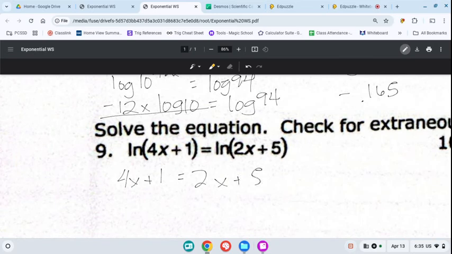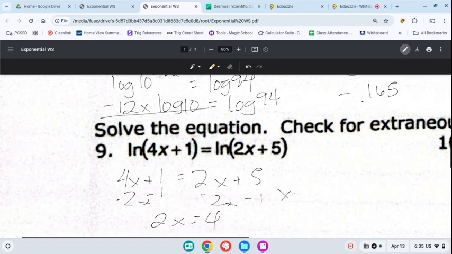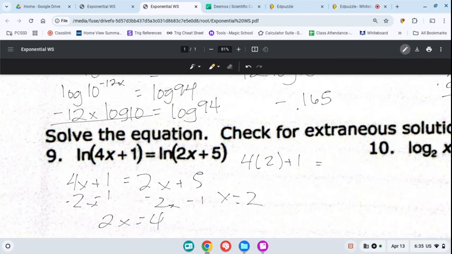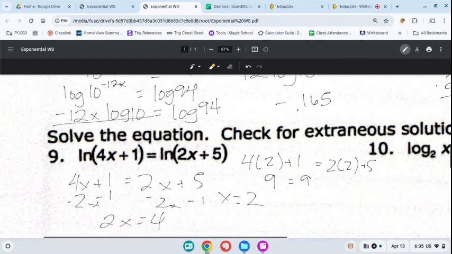Subtract 1 from both sides, subtract 2x from both sides. I get 2x equals 4, x equals 2. So what it wants me to do is say, does 4 times 2 plus 1 equal 2 times 2 plus 5? Well, 4 times 2 plus 1 is 9. 2 times 2 plus 5 equals 9. Yay, they're right.